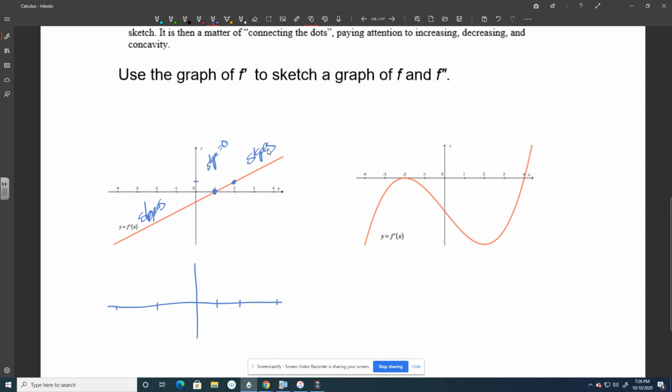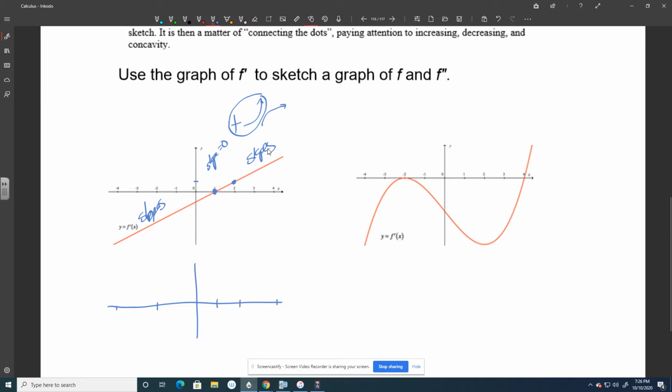I don't care what this slope is. All I know is that all of these numbers are positive and they're getting bigger. So to the right of 1, I'm increasing. And not only that, but my slope is getting bigger. So it's not going to be increasing this way, because that way my slope gets smaller. It's going to be increasing like this.